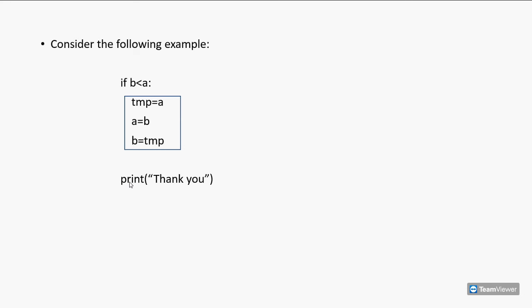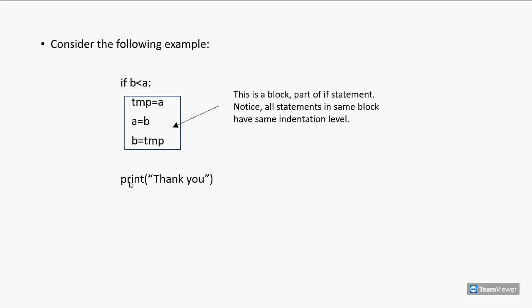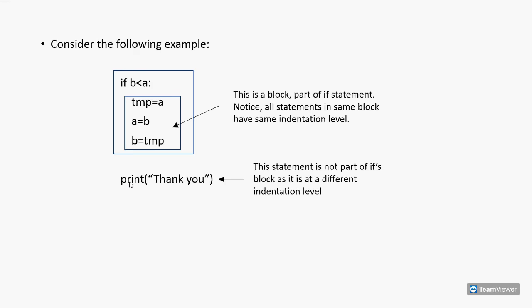So these 3 statements comprise a block which is a part of the if statement. Notice all the statements in the same block have the same indentation level. Now this is the if statement along with its block. There is a last line, print thank you, which is not at the same indentation level as the other lines of the block inside if. Therefore, this statement is not a part of if's block.